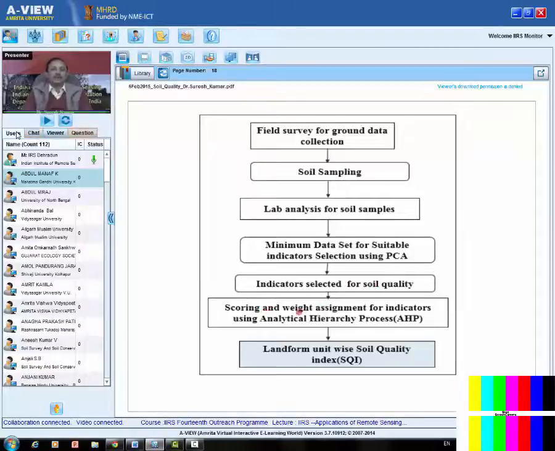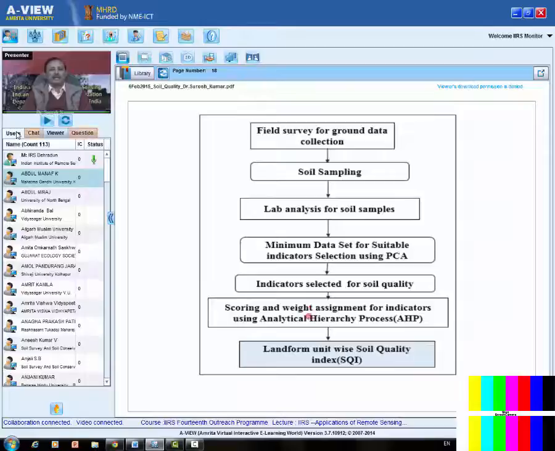Then for those properties, you give the weightage and assign the score. The weightage you can give with the analytical hierarchy process, and scoring we can give by seeing the maximum optimum value of that property.